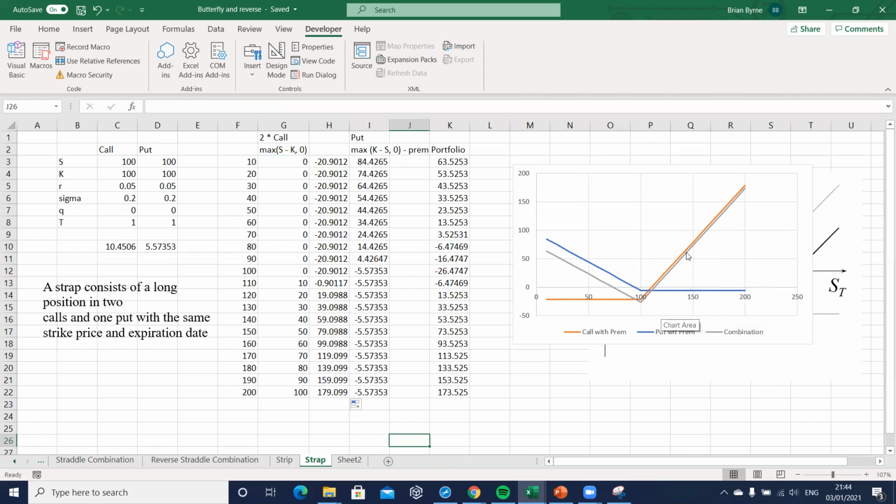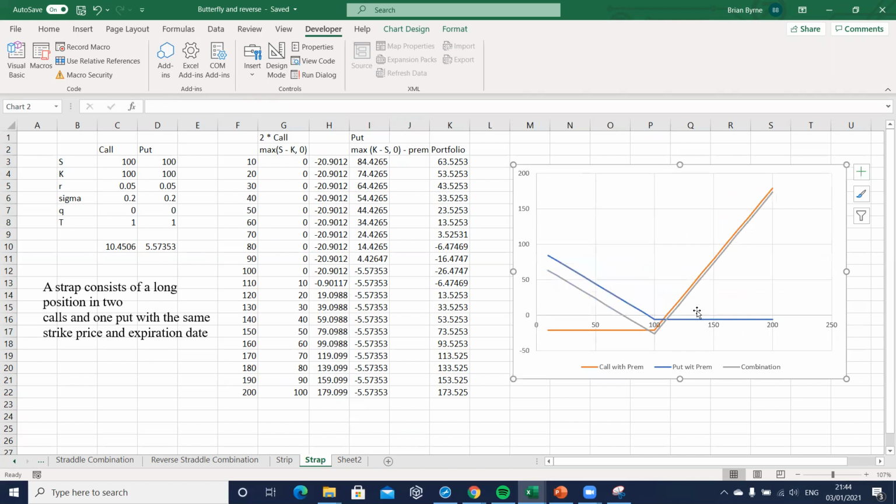We can see here that as the asset price increases, the value of the payoff is high. So the benefit of a strap trading strategy is that we have more upside than downside. We gain as the asset price goes up and down, but there's more upside than downside.